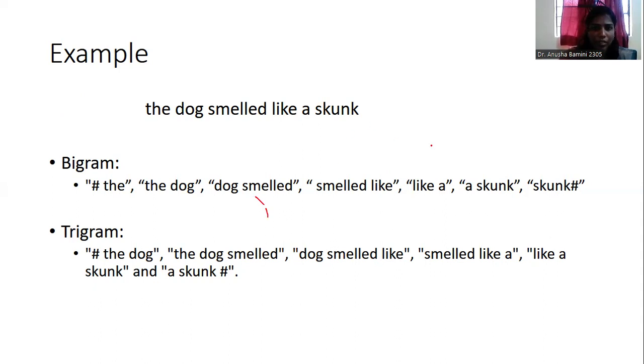Sorry, I can't point the pointer. Nearer to, in front of this word, we have to assume there must be a start word as well as an end word.